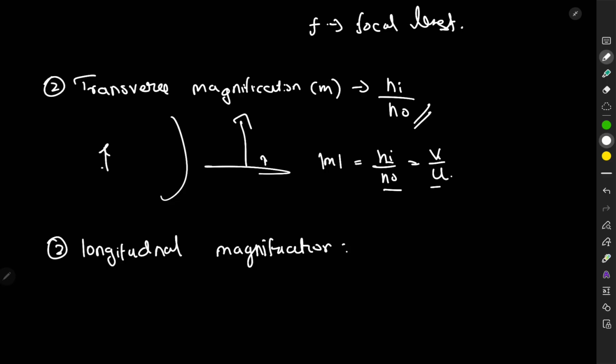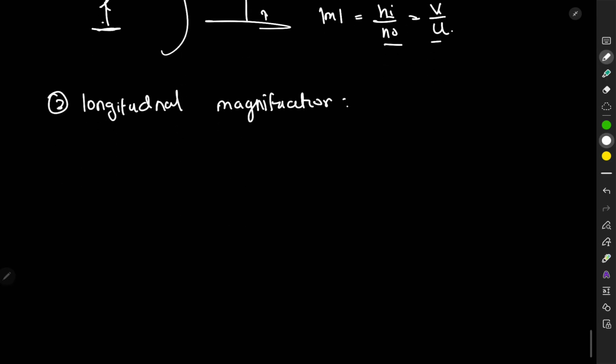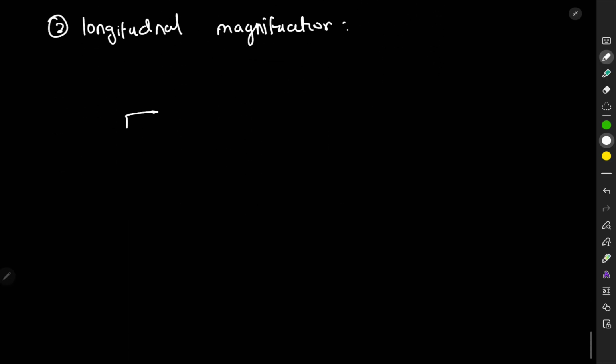Enlarging this length is known as transverse magnification, while enlarging this length, if there is an object kept here, enlarging or diminishing this length will be known as longitudinal magnification.